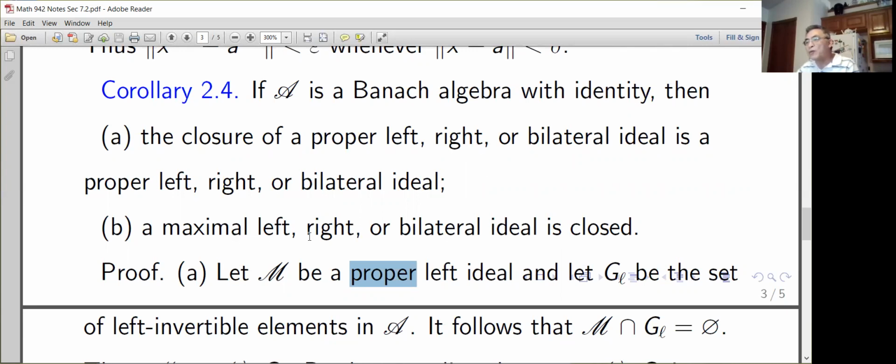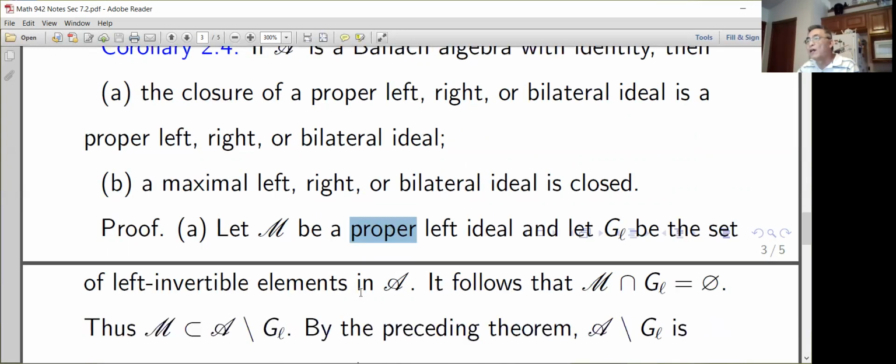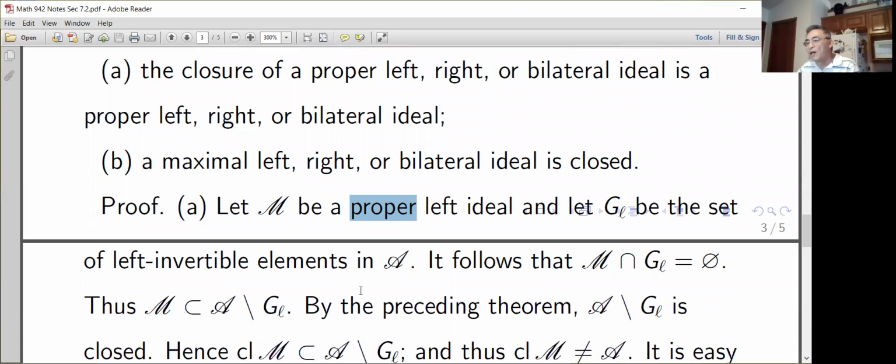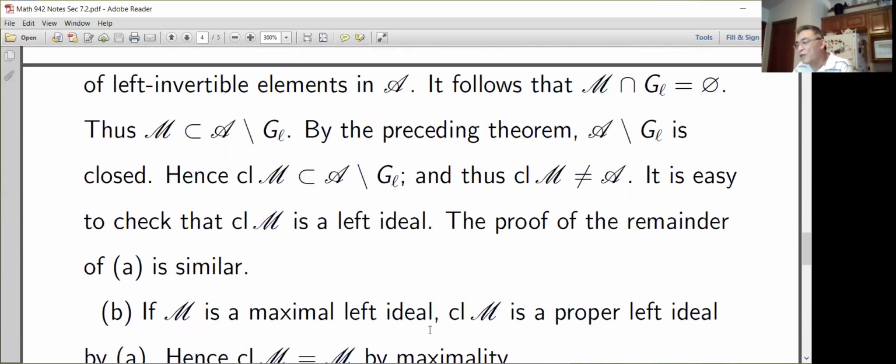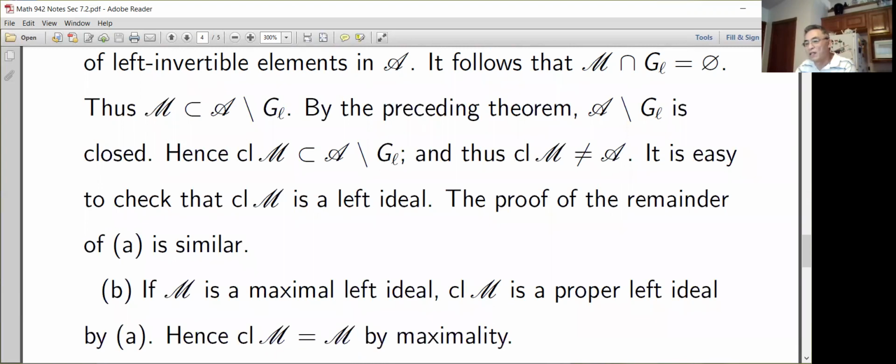(b) A maximal left, right, or bilateral ideal is closed. Okay. If M is a maximal left ideal, then the closure of M is a proper left ideal by (a). Hence, the closure of M is equal to M by maximality.